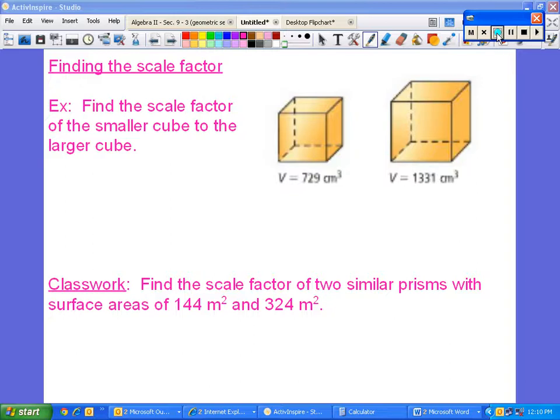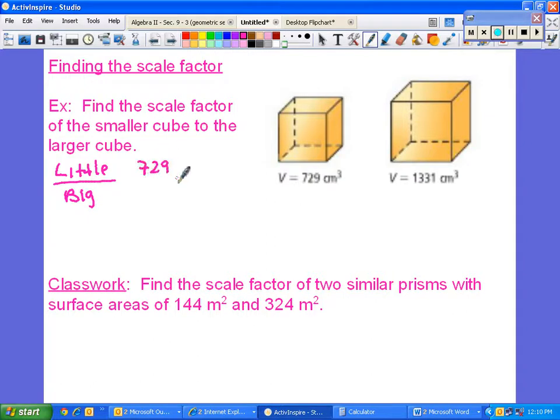It's to the third power, right? 1 to 8. So you're going to set up your ratio of little to big. The volume of the little one is 729. The volume of the big one is 1331.